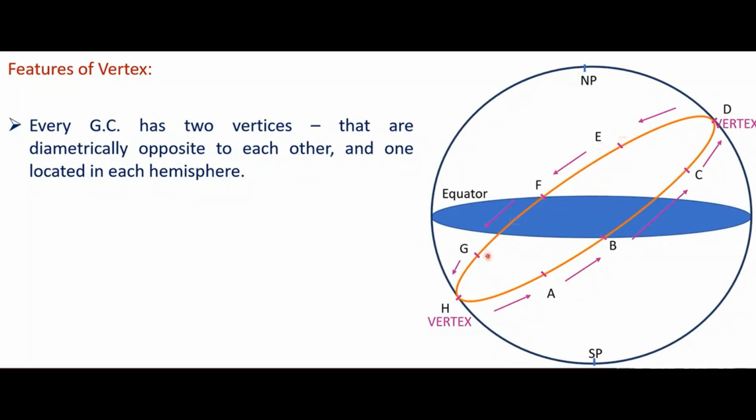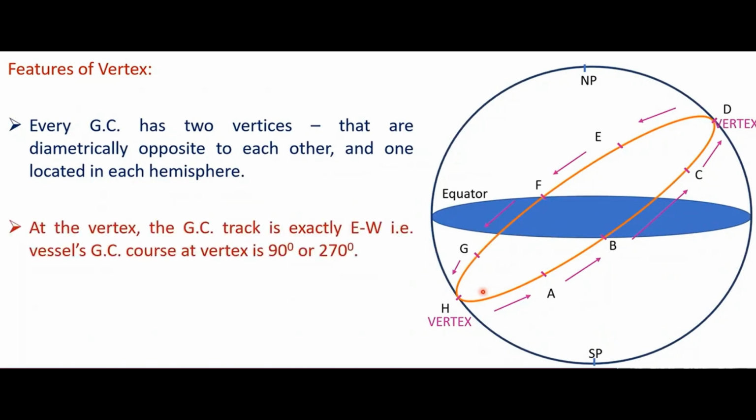With respect to this great circle in question here, we can see it has two vertices, vertex D and vertex H, diametrically opposite to each other, vertex D in the northern hemisphere and vertex H in the southern hemisphere. At the vertex, the great circle track is exactly east-west, and the other way of saying the same thing is that the great circle course of the ship at the vertices is east or west. That means it does not have any northerly or southerly component.